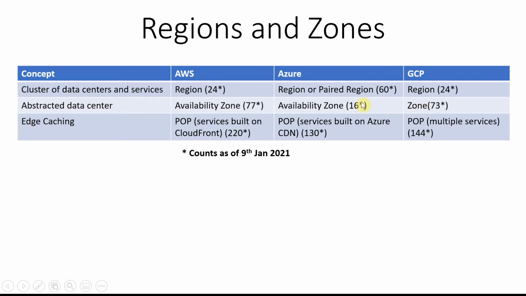One thing very interesting to note is that even though the regions are high in Azure, the counts of the availability zones are less. So you should be very specific when you're looking for higher reliability. For example, the availability zones help you with data reliability.